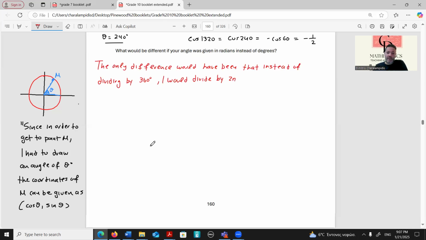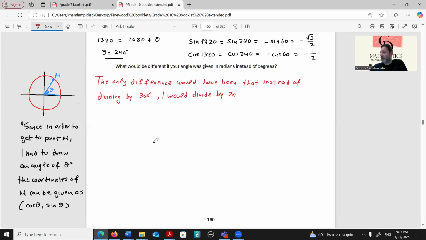Let me see if I have an example. I don't have an example, so let's create one right now. Just give me some... 6 pi.